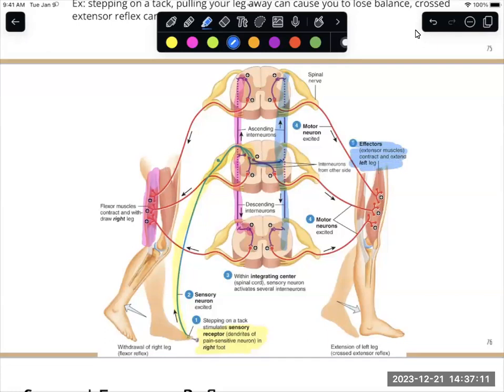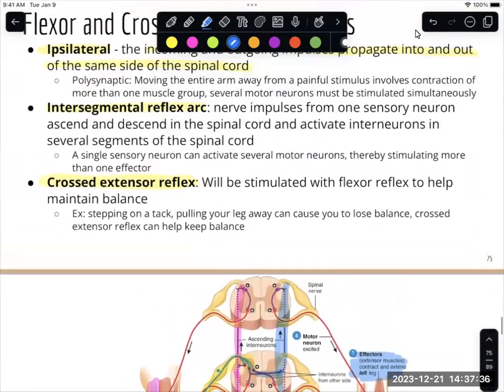Because when you pull your right foot off of the ground, your left leg needs to catch you. So when you pick up that right foot, you don't fall over. The muscles on the left leg need to contract to catch you so you stay standing. That is this cross extensor reflex.